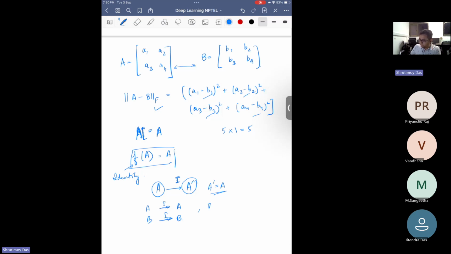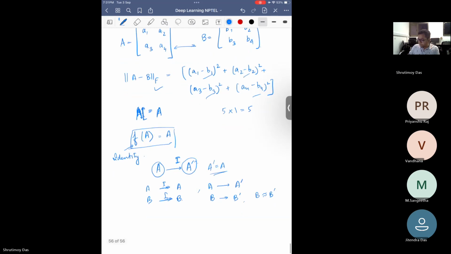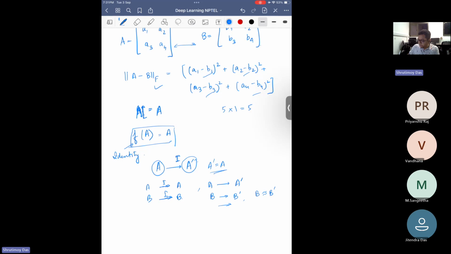Ideally, if you give A as input, it will learn something like A prime, which is not exactly A, but which is close to A. Similarly for B, it should give B prime, which is close to B.